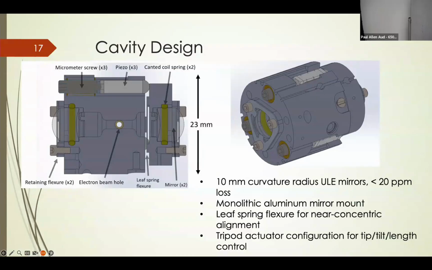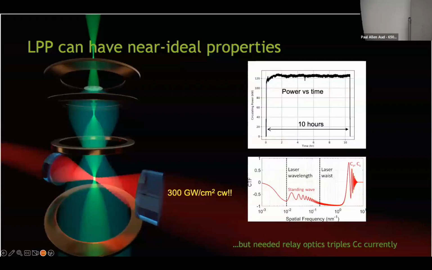The mirror coatings were made by 5-9 Optics, which is also superb. And one thing I want to highlight, there's a micrometer screw in here with 400 turns per inch, which as far as I know is made by a one-person company. So what I love about this project is that the manual skills of many people are involved in building this cavity.